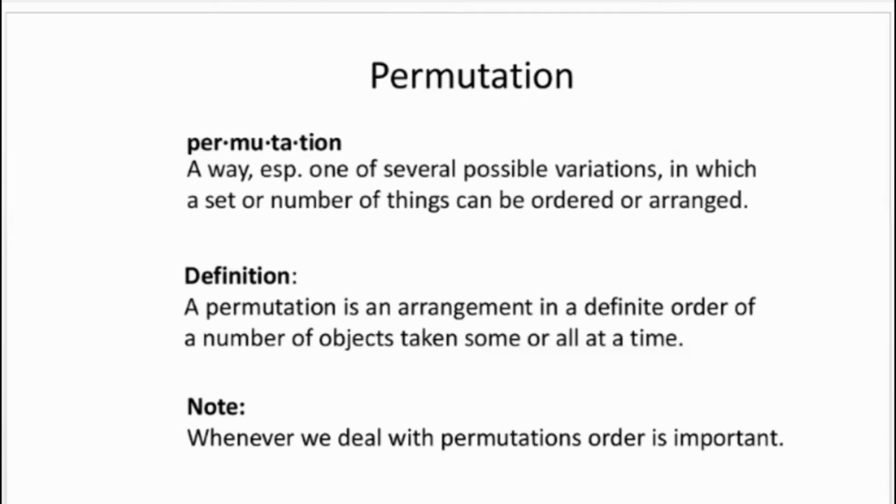Say permutation, if we are talking about order, the ordered arrangement, if we consider the order, that is permutation. If you forget about the order, if we are not considering the order, it goes to combination. So two things: one is permutation, the second one is combination.